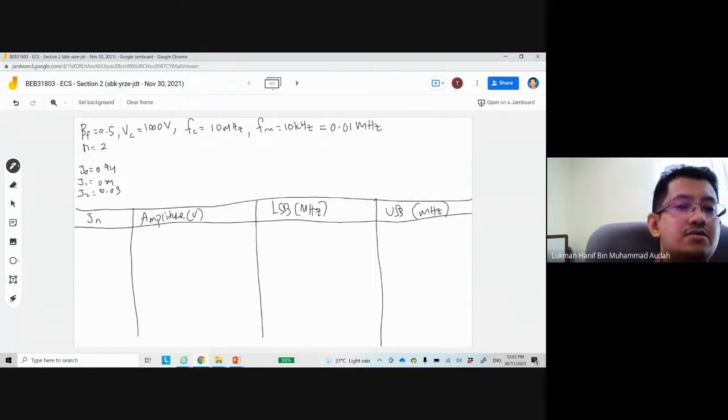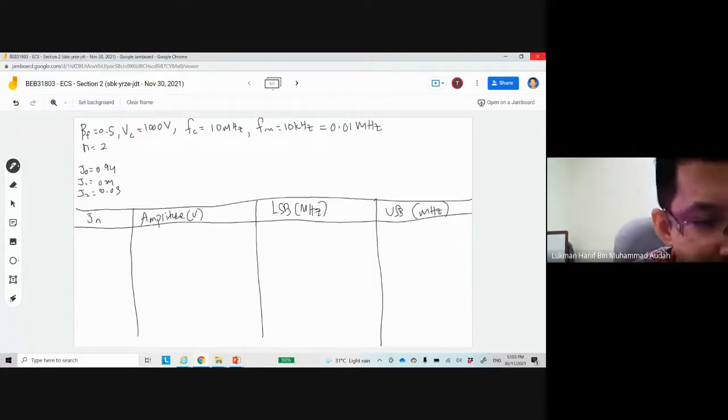Okay. So starting from J0, J0 is equal to 0.94. So I need to find V0. V0 is equal to J0 multiplied with VC.